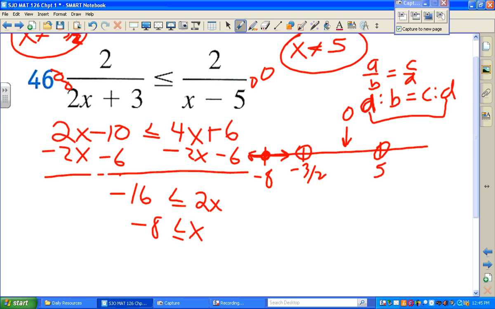How about negative 10? 2 over negative 17. Is that less than or equal to 2 over negative 15? Yes, it is. So in that case, I think it would go the other way, and those points wouldn't even be in common. Another way I would do this problem is to graph it out.